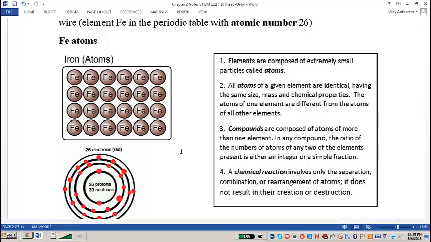Elements, again, are composed of atoms, and those atoms have different properties that make up these elements. Compounds and chemical reactions are just add-ons that I put in there. Compounds are when we join two or more elements together, and a chemical reaction occurs when we react compounds.